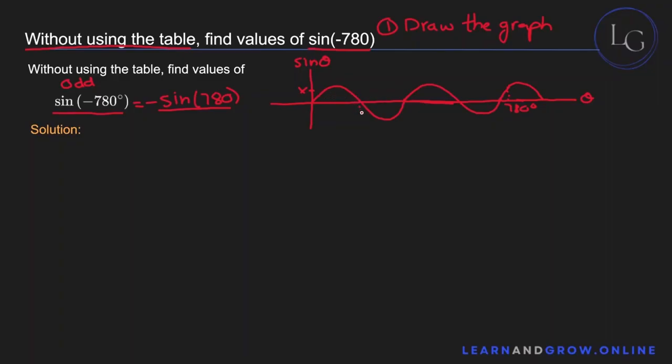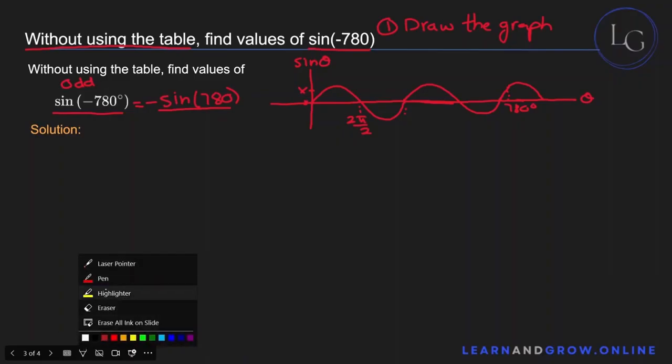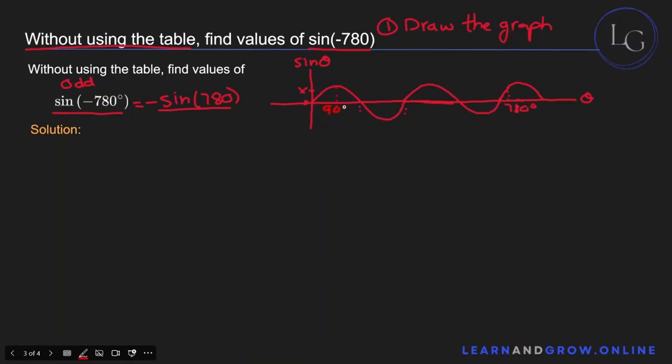At 2 pi by 2, the value of the function is 0. And at 4 pi by 2, or let's not use pi by 2 here, since we're dealing with degrees, let's just use the degrees. At 90 degrees, this is 90 degrees, by the way, it's equal to 1, right?